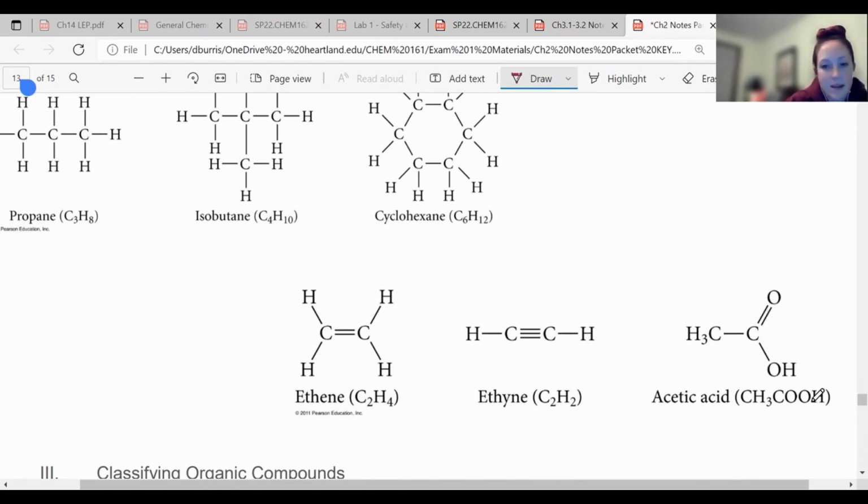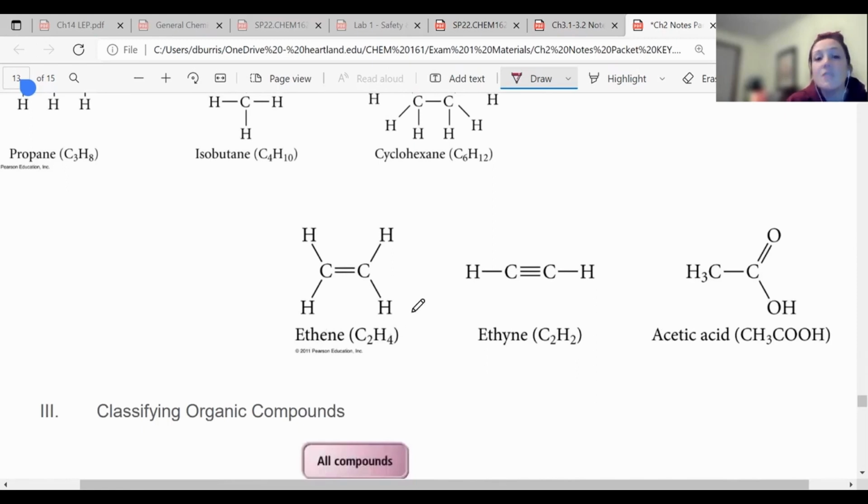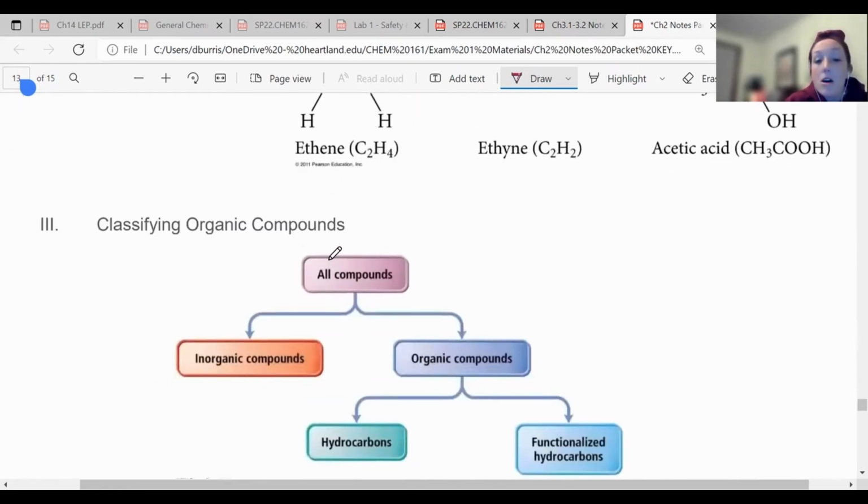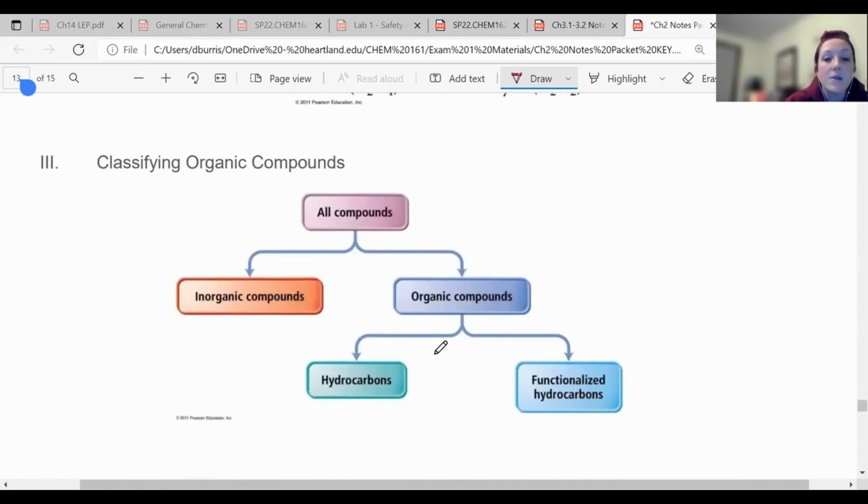This is organic: carbon, oxygen, hydrogen. These are some really common molecules that you are going to see. If I say ethene, you should probably be able to picture what that looks like. All compounds can be classified as either inorganic or organic. In organic, we have two subsections. There's hydrocarbons. If you break that word down, it's hydrogen and carbon. Anything that's only hydrogen and carbon is a hydrocarbon.